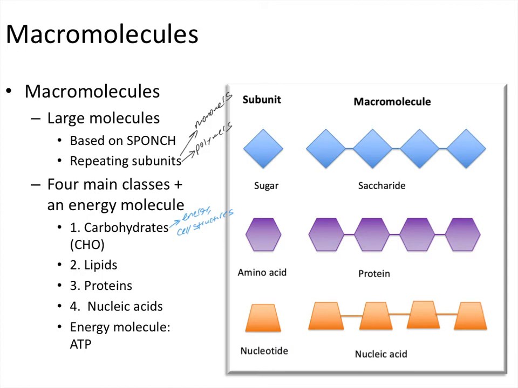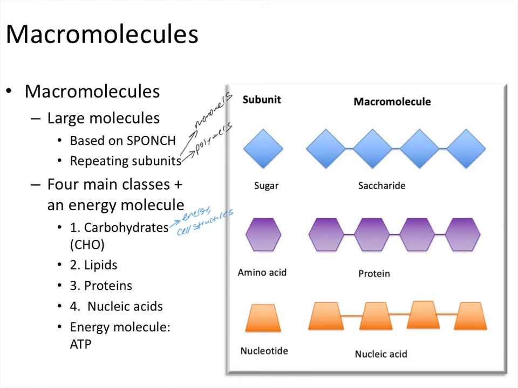Lipids are kind of a funny class of macromolecules. Technically, they don't have just one type of individual monomer. There are a couple of different individual monomers that can combine to form lipids. Lipids are a very broad class of molecules, and they can play a lot of different roles in living organisms.